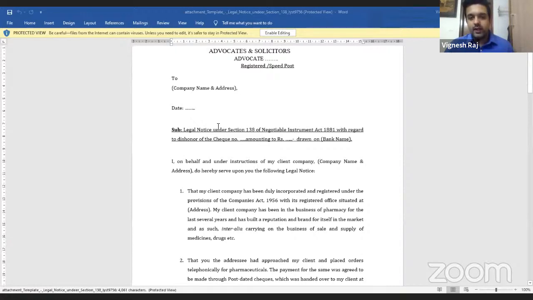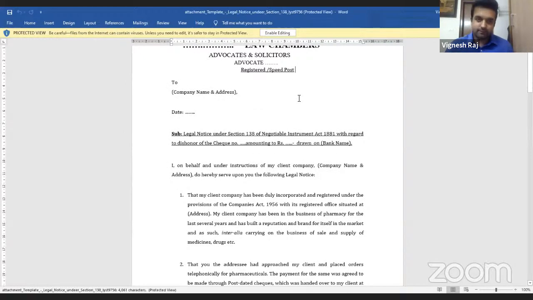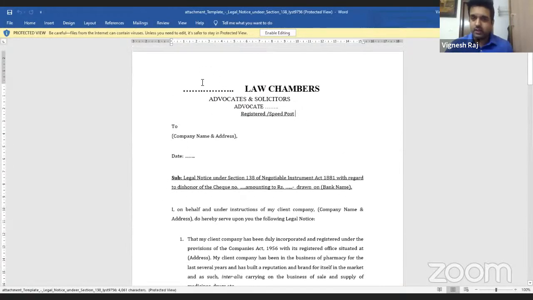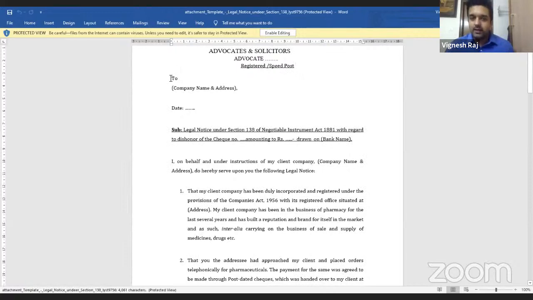So you can have it generally any which way. It need not always be by an advocate, though it is generally done by advocates. It can be by an in-house counsel as well, on his company's letterhead, and it is sent out to the other parties.